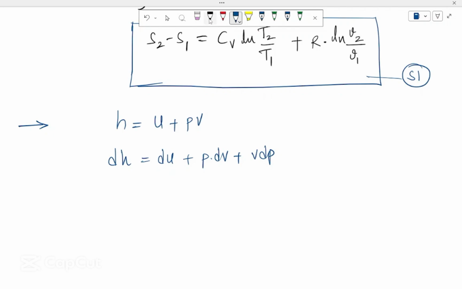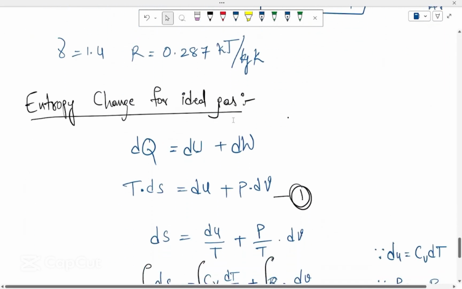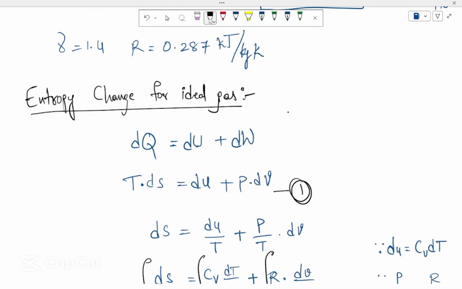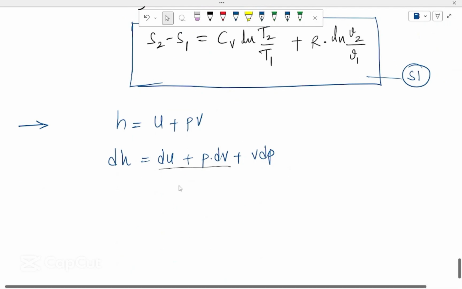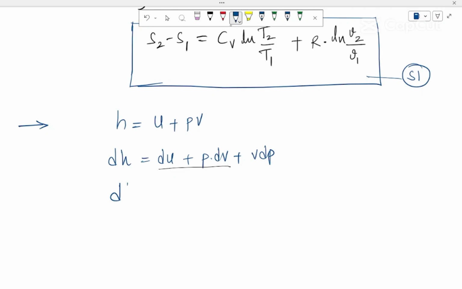If you look at this carefully, this part dU plus PdV is nothing but the TdS in the previous expression, expression 1, which is equal to TdS. So I will substitute that here and write dH is equal to TdS plus VdP.